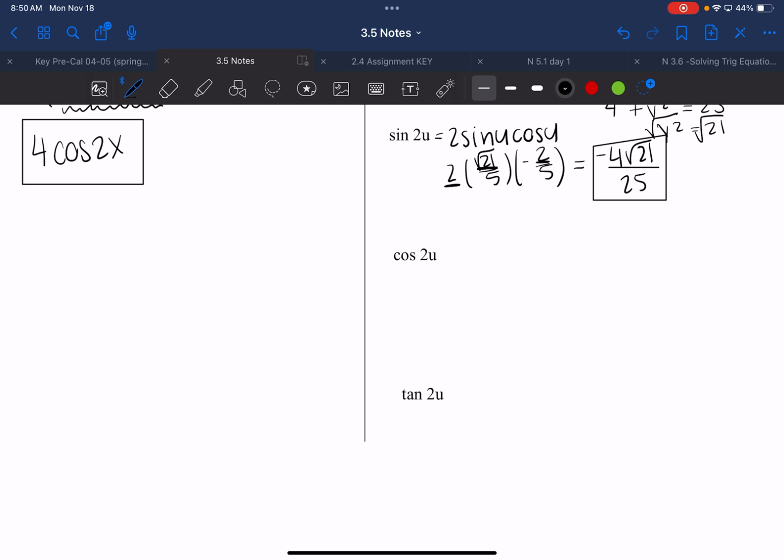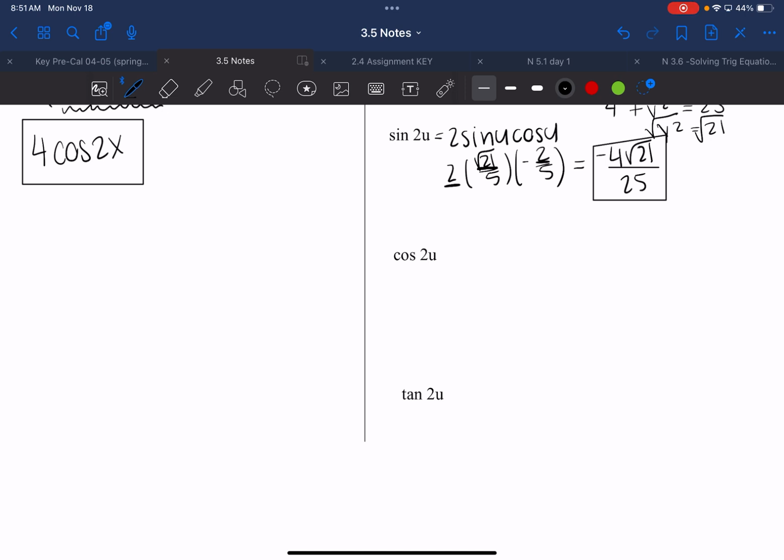Yeah, like the fraction. It drops the square root. What do you mean?